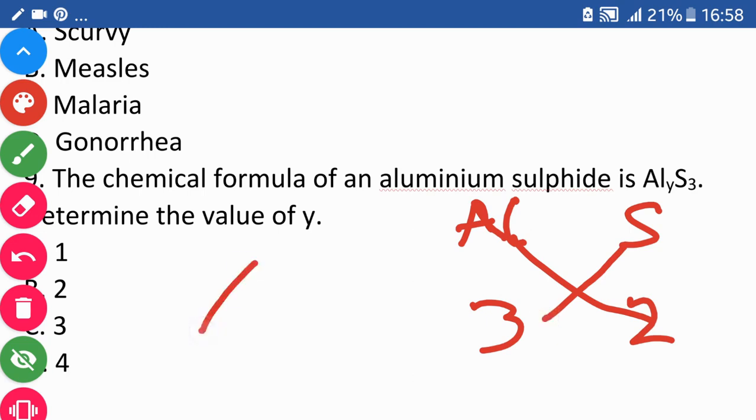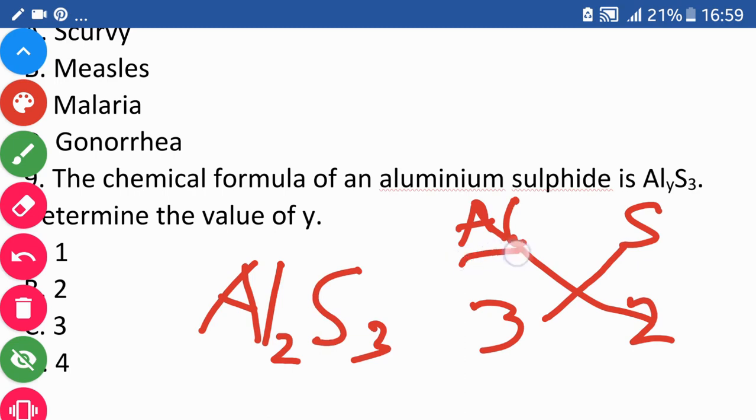So Al will now have a 2, and sulfur will now have a 3. That's how chemical compounds are written. You take the element, write the valency under it, then the other one, write the valency under it, then you exchange them. So the answer is B, Al2S3, aluminum sulfide.